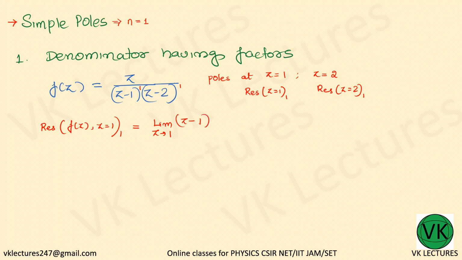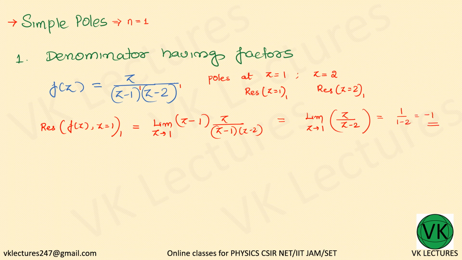What is f of z? F of z is z divided by z minus 1 into z minus 2. So that is equal to the limit when z tends to 1, where z minus 1 and z minus 1 get cancelled, of z divided by z minus 2. At z equal to 1, that is 1 divided by 1 minus 2, which is equal to minus 1.